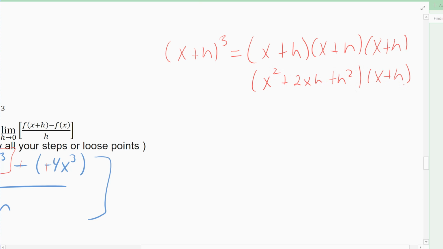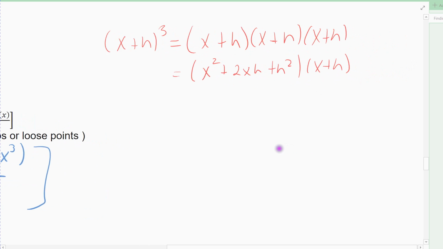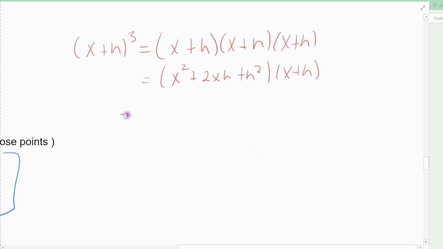Then my next line, I've got to take everything in my first expression, my quadratic, and multiply it by x. And then I've got to do the same thing and multiply it by h. So everything here gets multiplied by x, and everything there gets multiplied by h. When I multiply it by x, I get x cubed plus 2x squared h plus x times h squared.